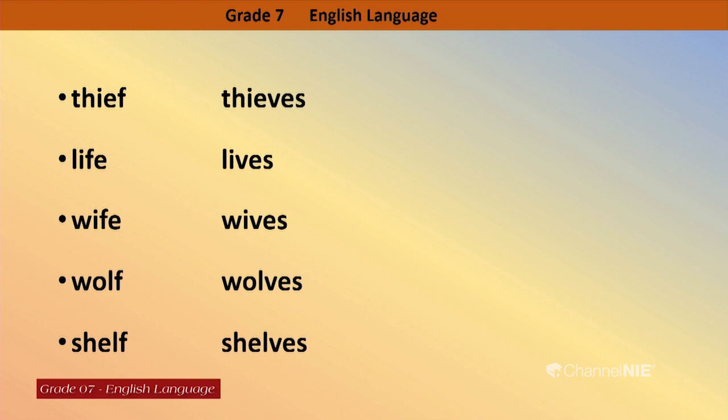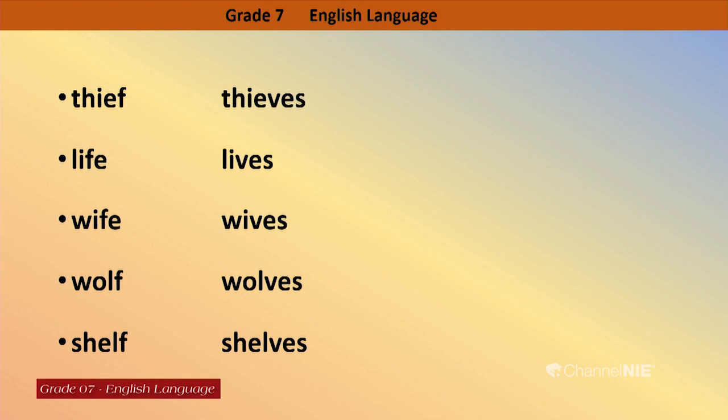Wife, there also you can see F is in the middle. Wife becomes wives. Now, you can understand the spelling rule. Wolf becomes wolves.